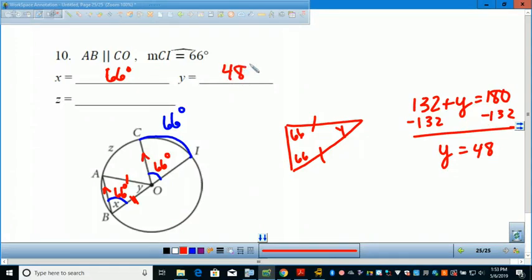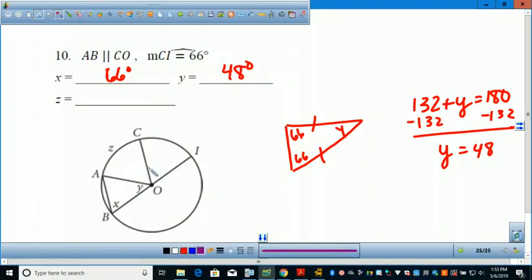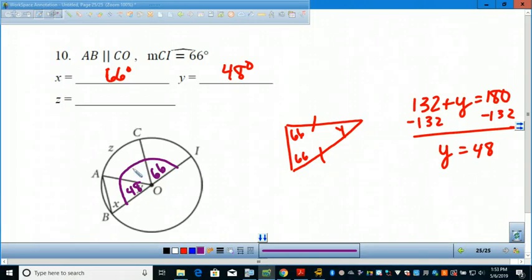So Y is 48. So I'm going to come back here and do this. This is 66. This is 48. And all of these have to add to 180. So do 180 minus 48 minus 66, and I'm getting 66 again here. Yep, I'll take it. Which means Z is 66.